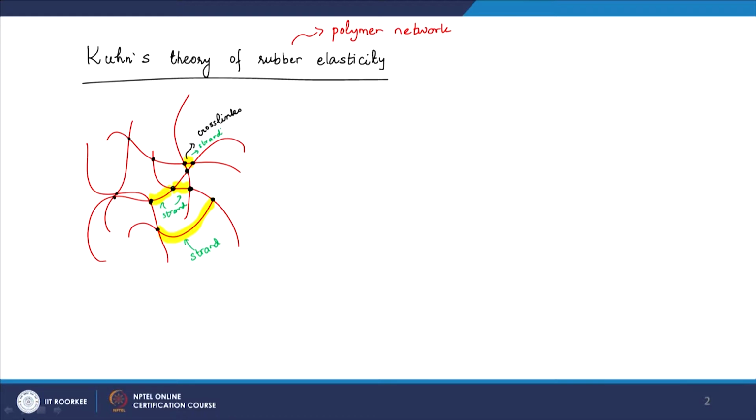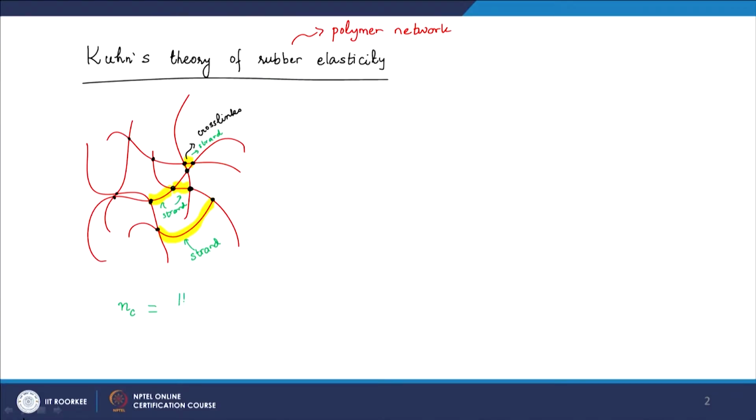So, let us say we have a certain volume of the network. We can define a number of strands per unit volume, that is my N_C, and we will use that later.